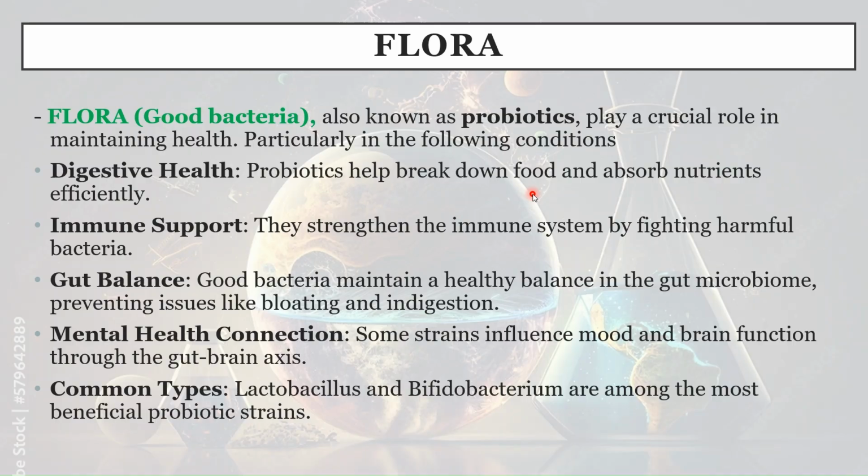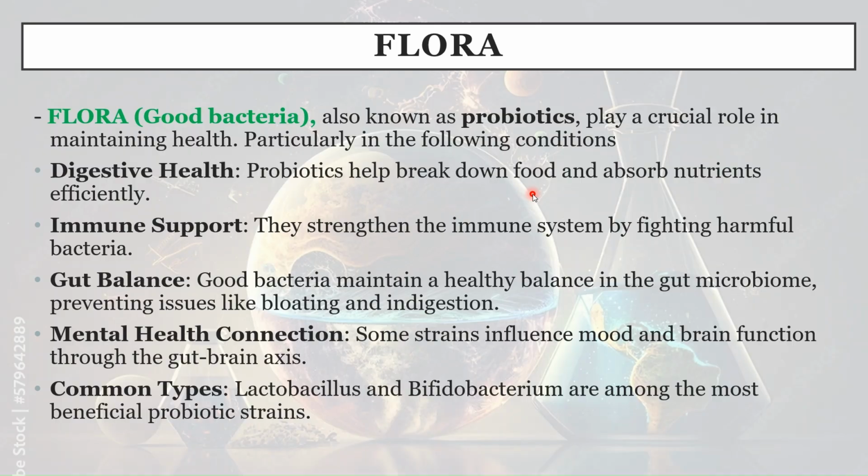Third, good bacteria, that is flora, maintain the water level in our large intestine. So, if you are eating too much outside food and there is a growth of a large amount of bad bacteria, you will get a disease called diarrhea. Why does it happen? Because good bacteria is less, bad bacteria is more.